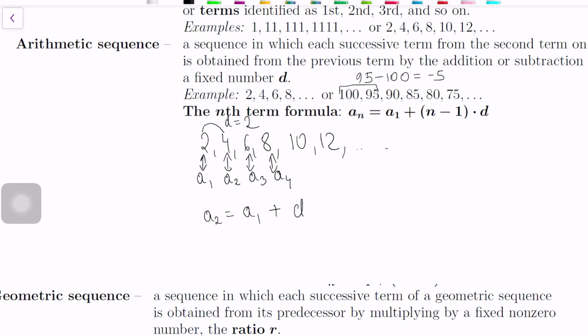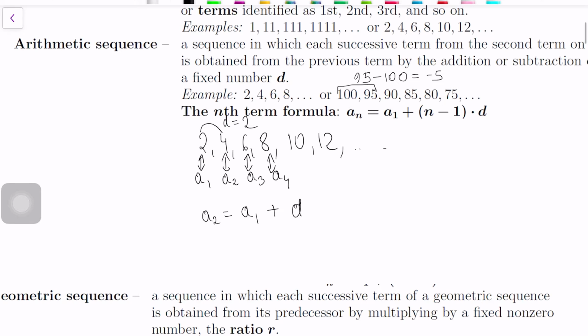So if you add to the first term this fixed difference d, then you're on the second term. But if you add another difference d, then you're at the third term, right? So if you add to the first term twice the difference, one time the difference, the second time the difference, that puts you on the third term, right?